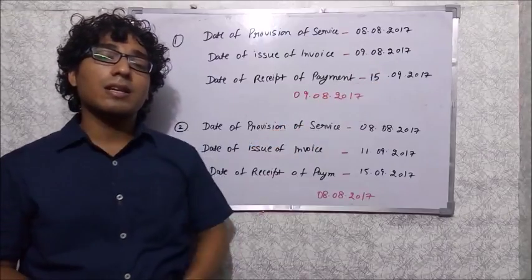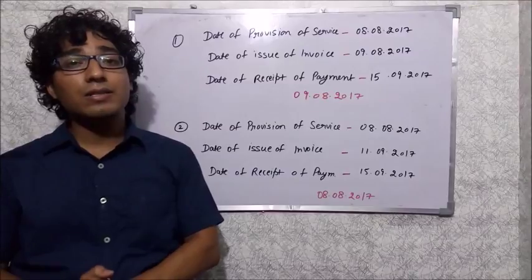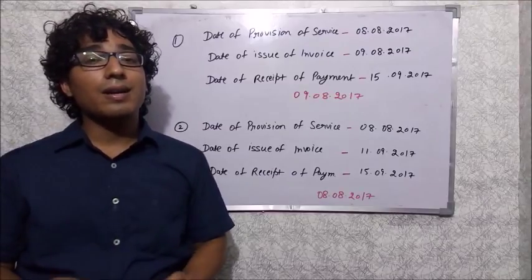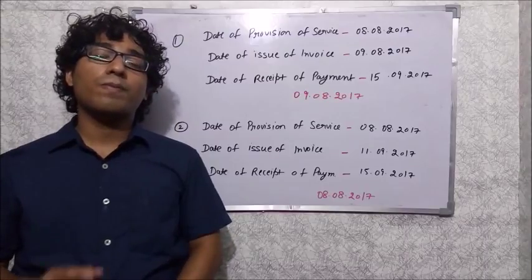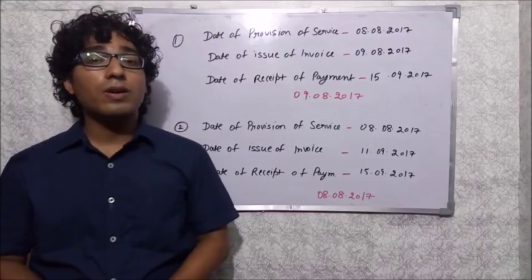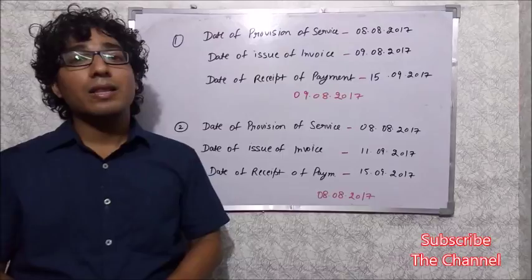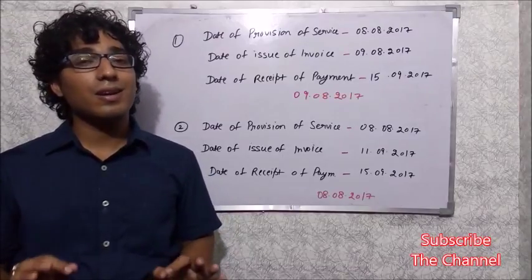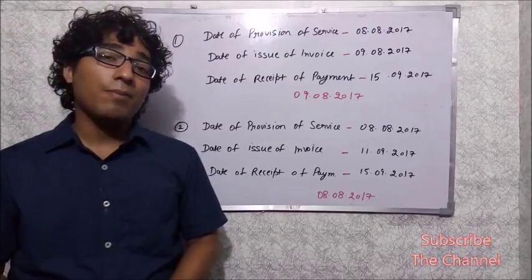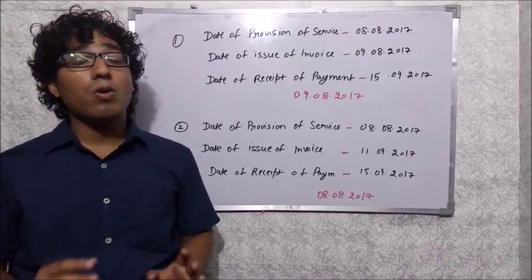So the date of issue of invoice is within the time prescribed under section 31 subsection 2, so we have to follow the first case. The first case is that when the date of issue of invoice is within the time prescribed under section 31 subsection 2, then the time of supply of service will be the earlier of the two events.